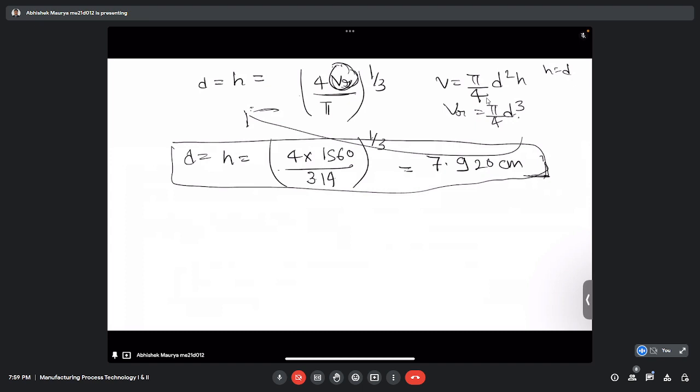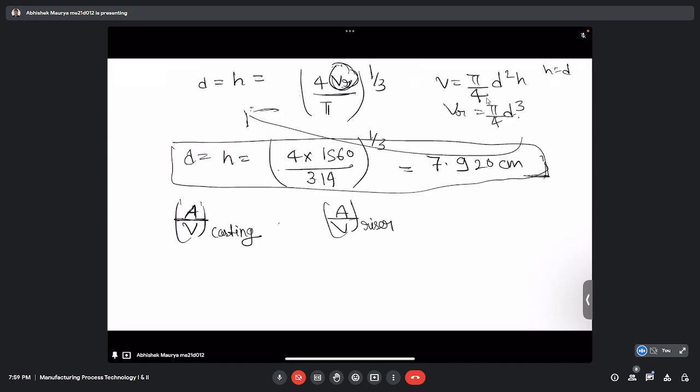So first of all we will try to find out the area by volume ratio for casting and area by volume ratio of riser. Okay, so we need to find out these two ratios, and we have to check which ratio is higher.